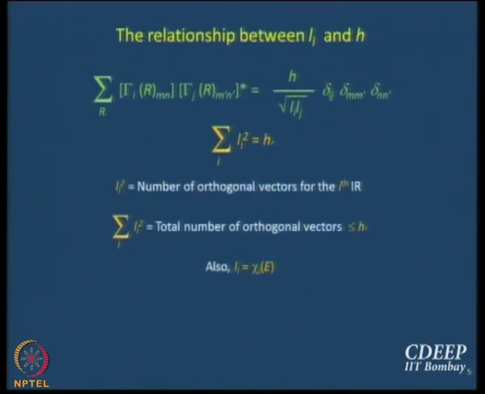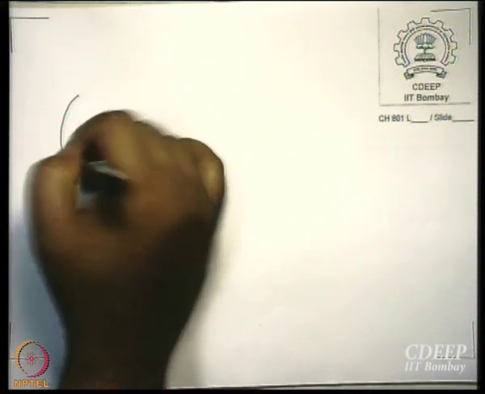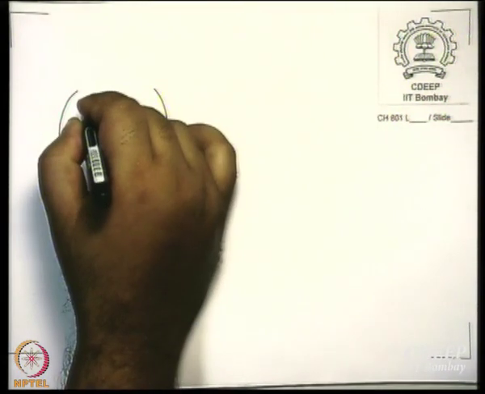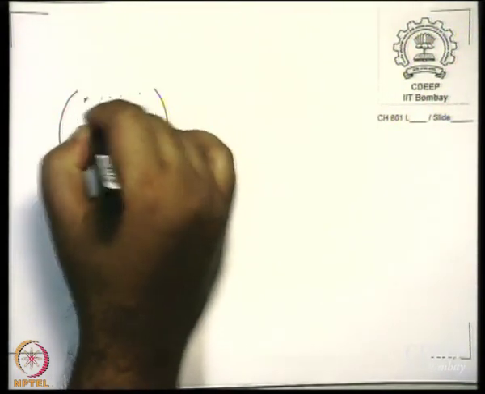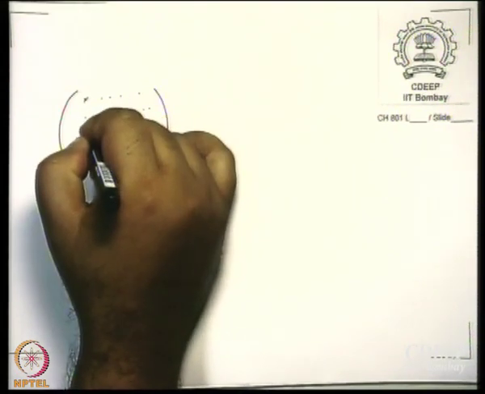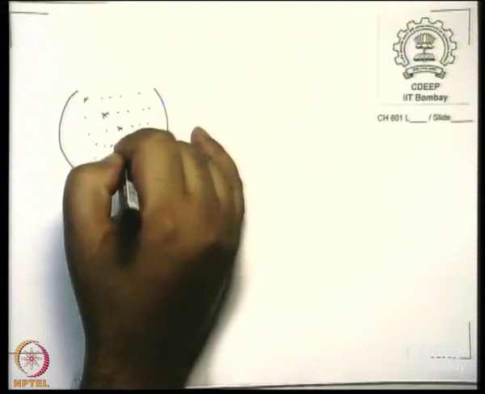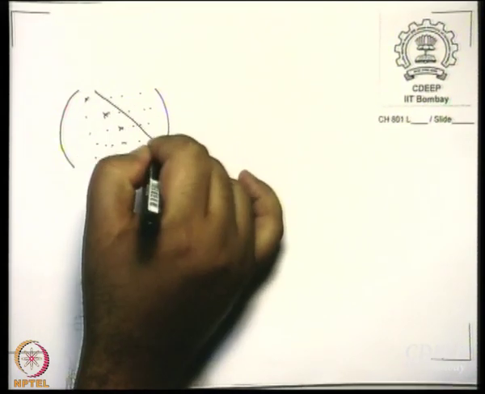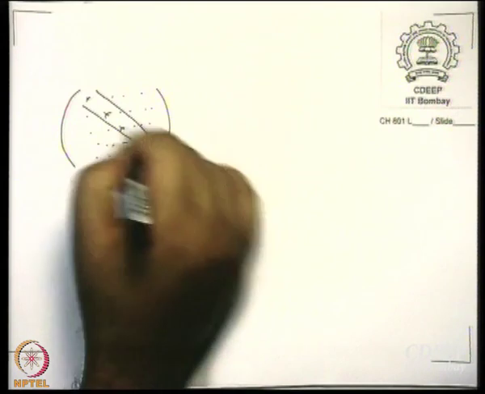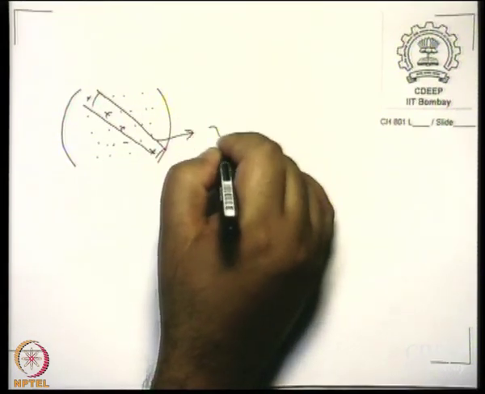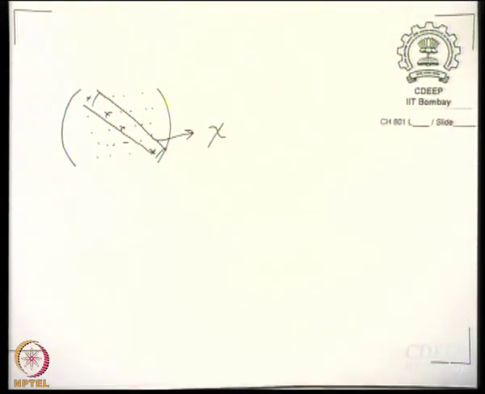Trace, character, right? If I add up all this, then the quantity that I get is chi, right?